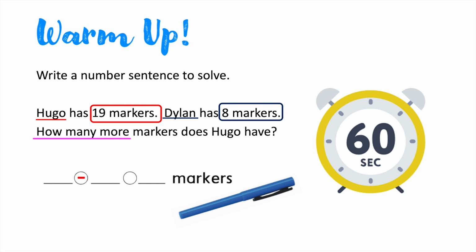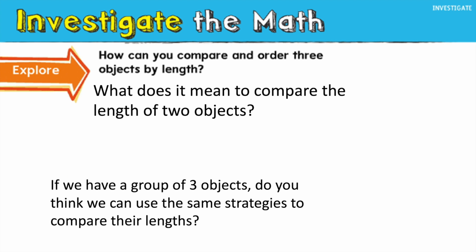So how many more markers does Hugo have? I'm going to take 19 that Hugo has minus 8 that Dylan has equals 11. Hugo has 11 more markers. Check your work.